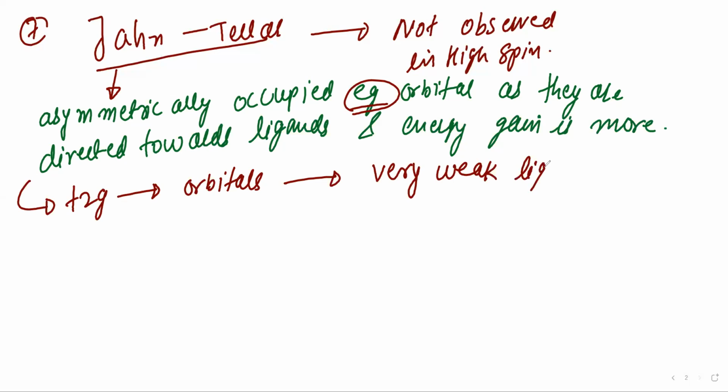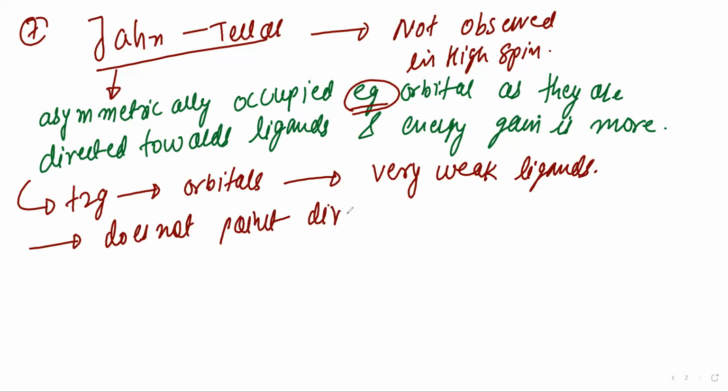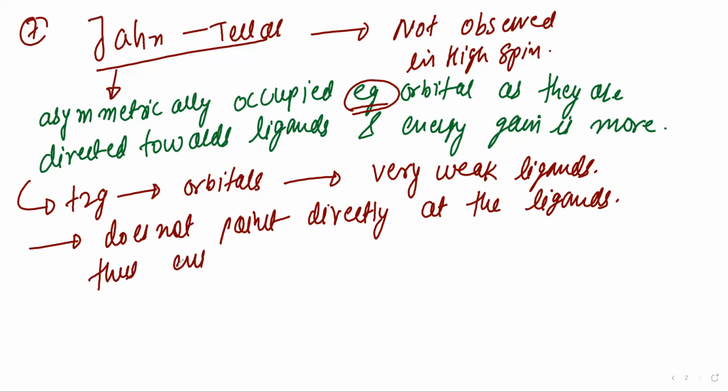Since the t2g orbital does not point directly at the ligands, the energy gain is less.